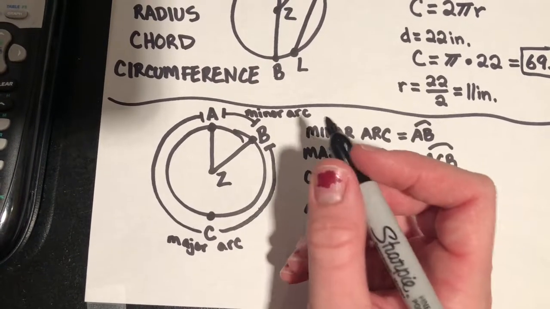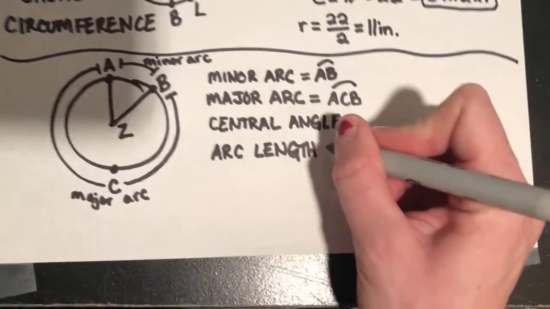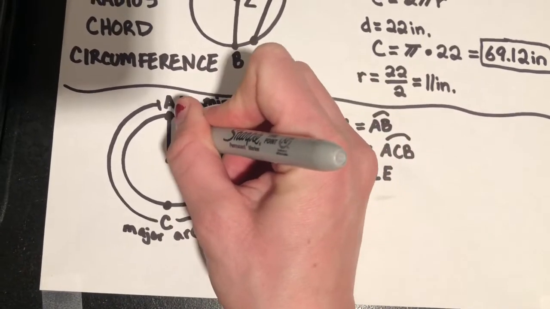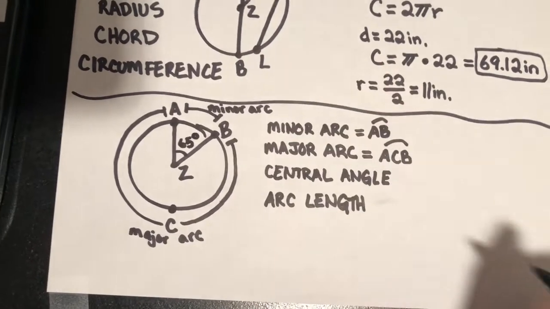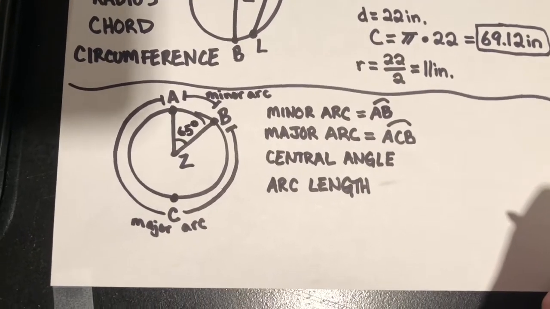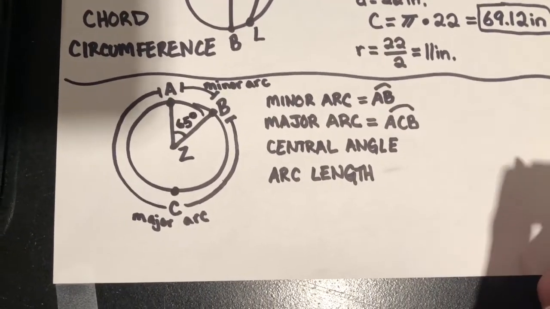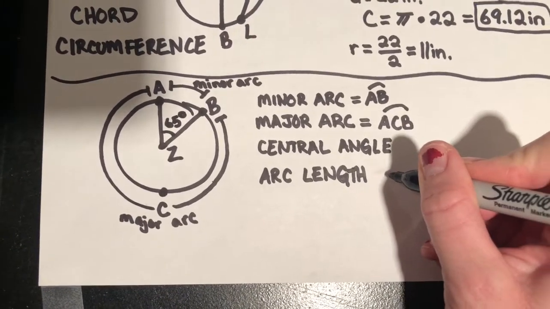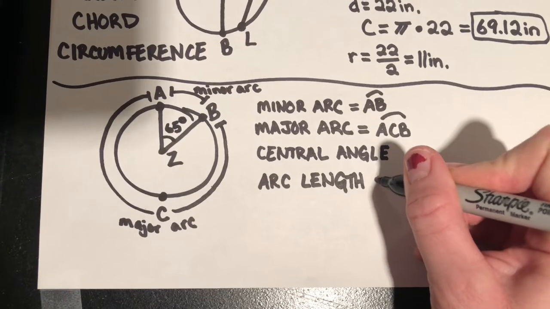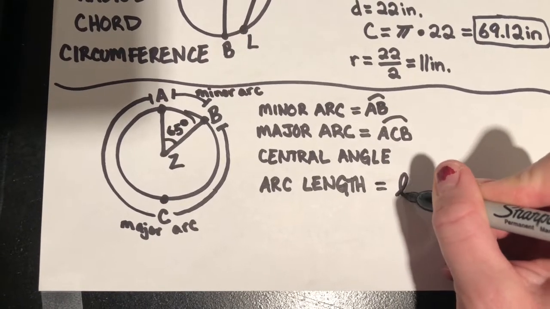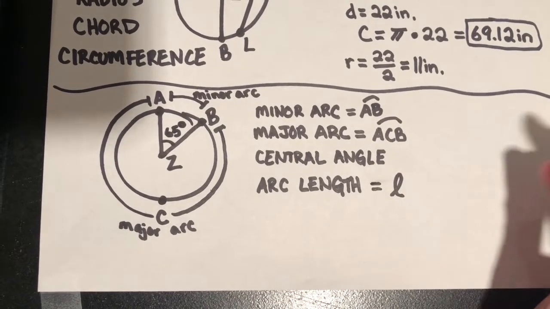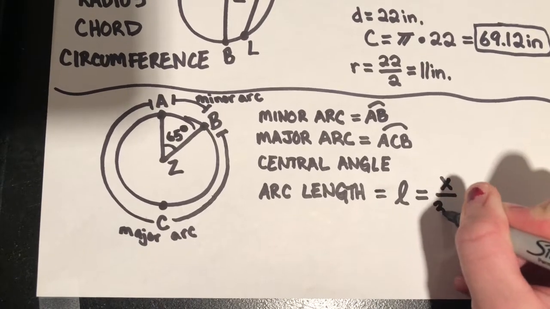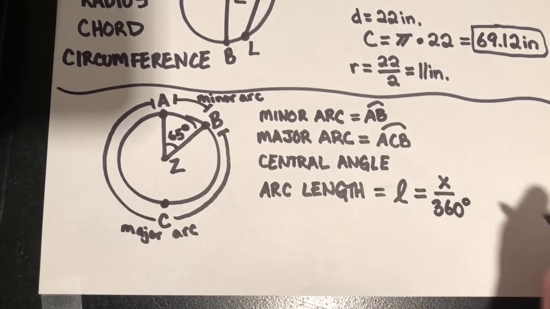Say that this arc, and this is probably not correct, but say this arc is 65 degrees. Now, that's probably not correct, but we know in geometry that we're estimating a little bit of things. So arc length is denoted by this little cursive L. And the formula for arc length is x over 360 degrees.